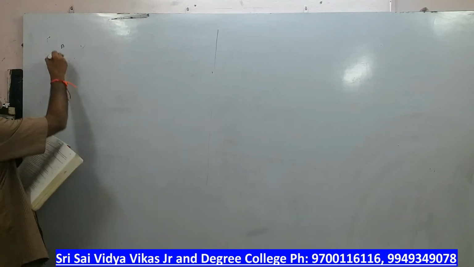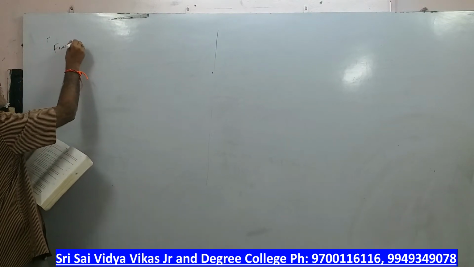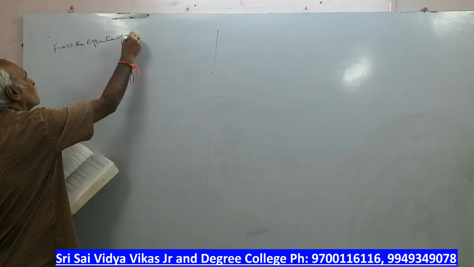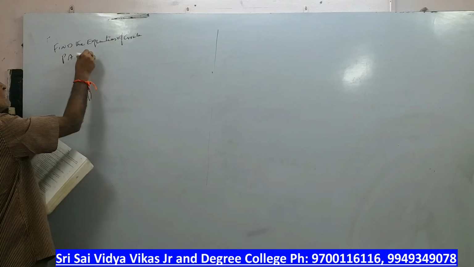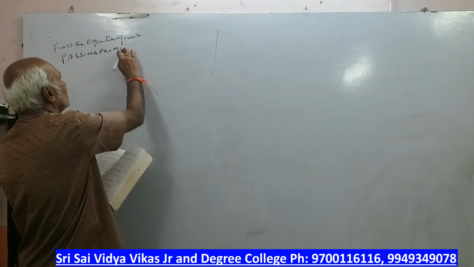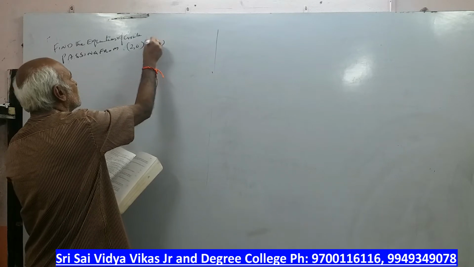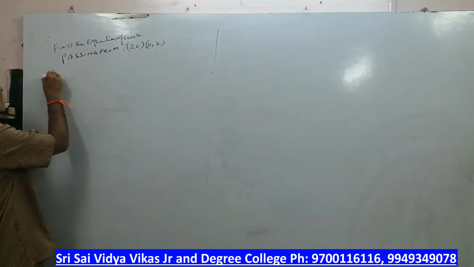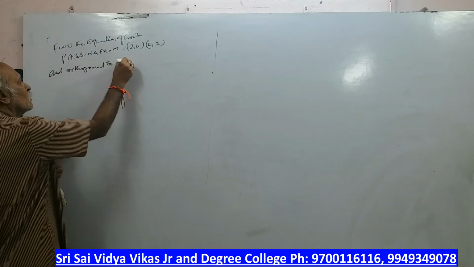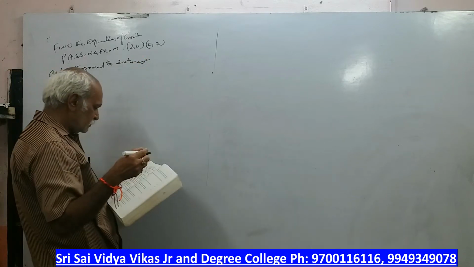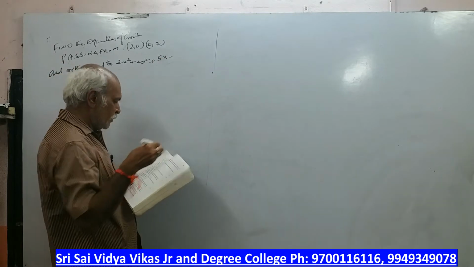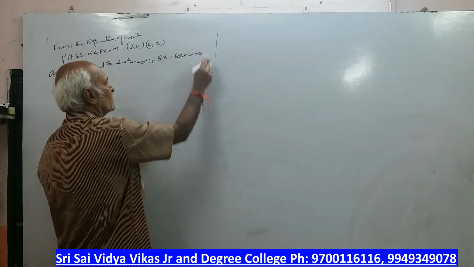Next, find the equation of the circle passing through 2 comma 0, 0 comma 2 and orthogonal to 2x square plus 2y square plus 5x minus 6y plus 4 is equal to 0.